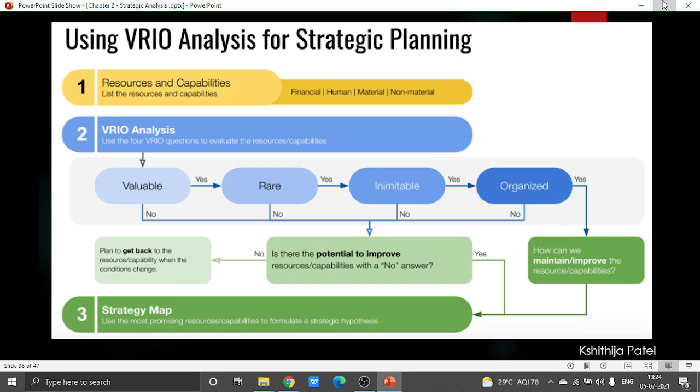So all such resources which can counter any kind of external threat, or which can help the organization take advantage of an opportunity, are called valuable or profitable resources.